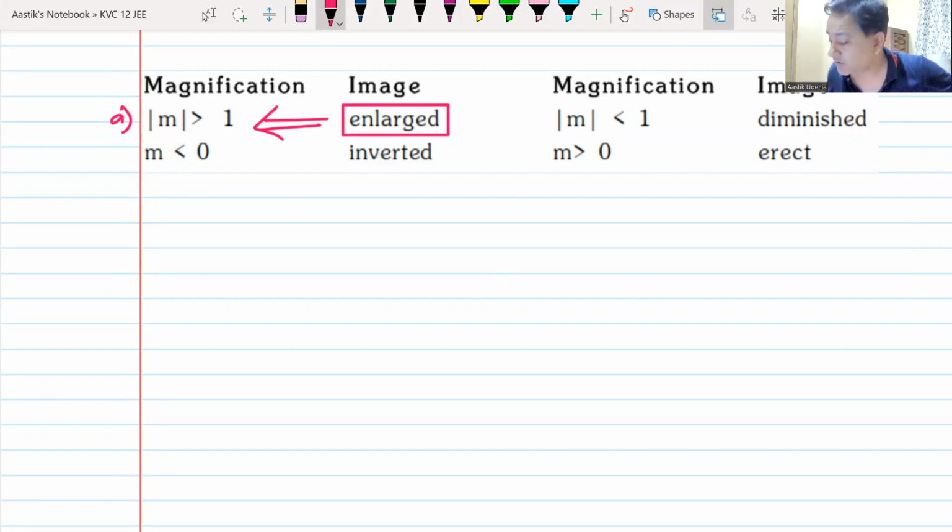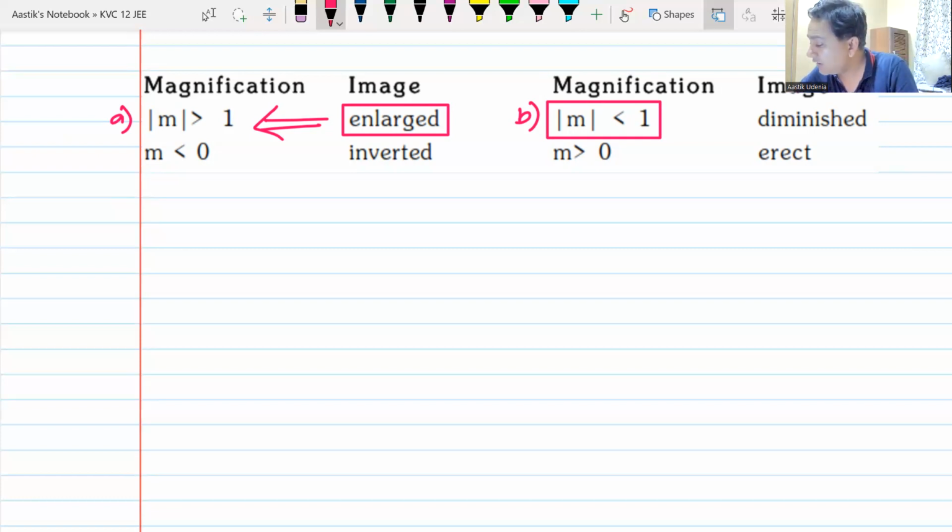Point number B: if the magnitude of the magnification is, let us say, -2, the magnitude is more than 1, so it will be enlarged. If the magnitude is less than 1, 0.5, -0.5, +0.5, we will call it diminished. Do we understand this?